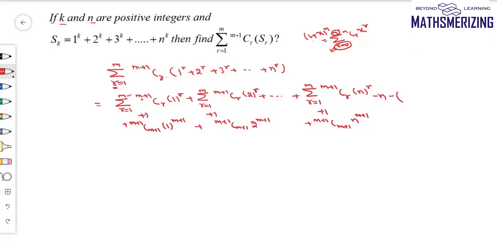So I'll need to subtract these terms here also. Now n C n is 1. So I'll simply write 1 to the power of m plus 1 plus 2 to the power of m plus 1 and all the way up to n to the power of m plus 1.